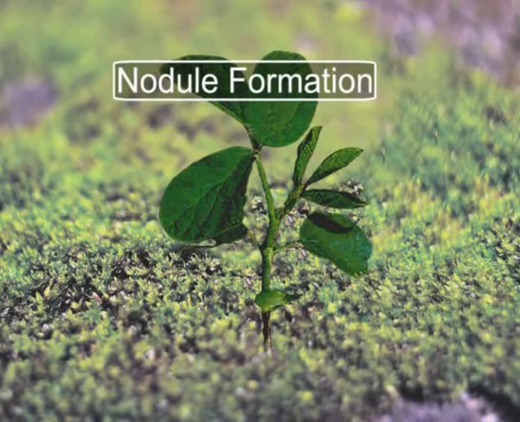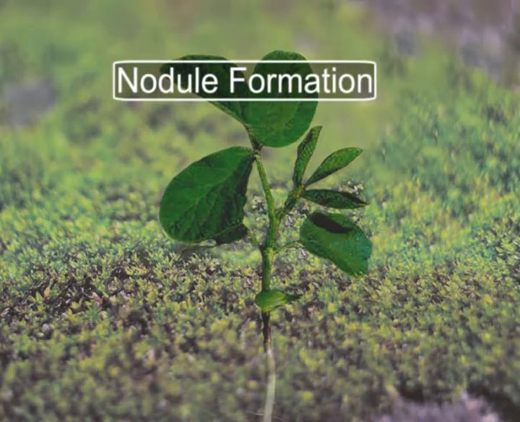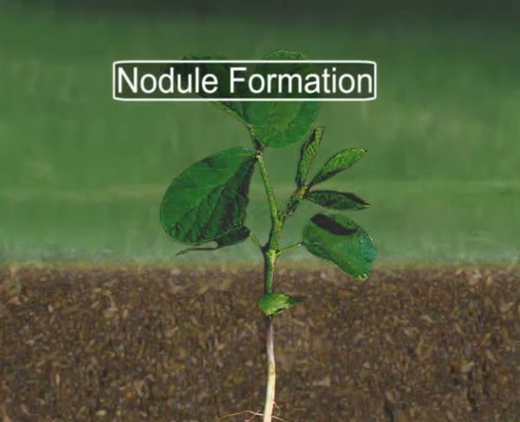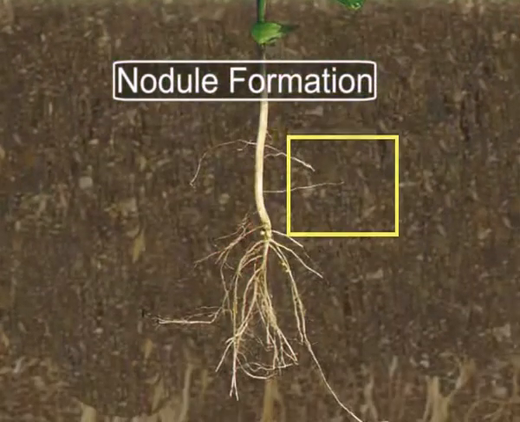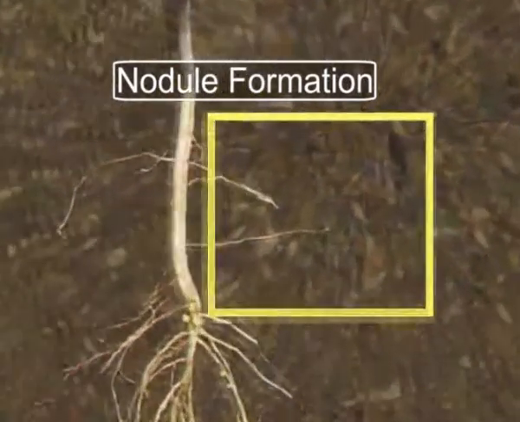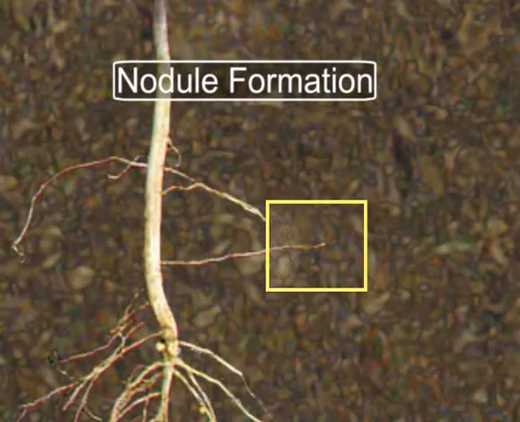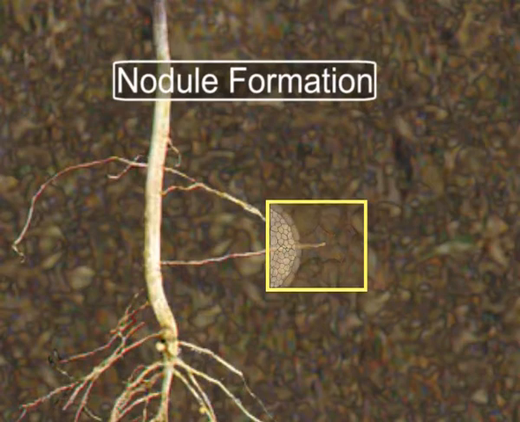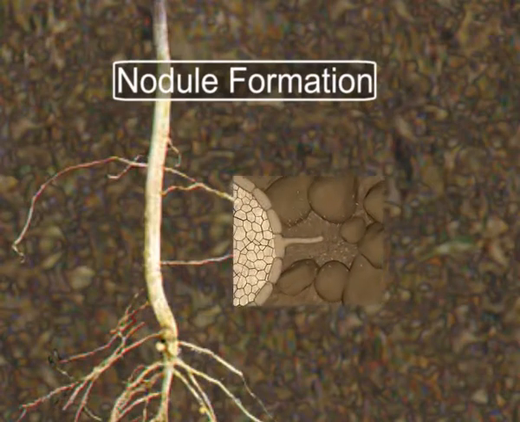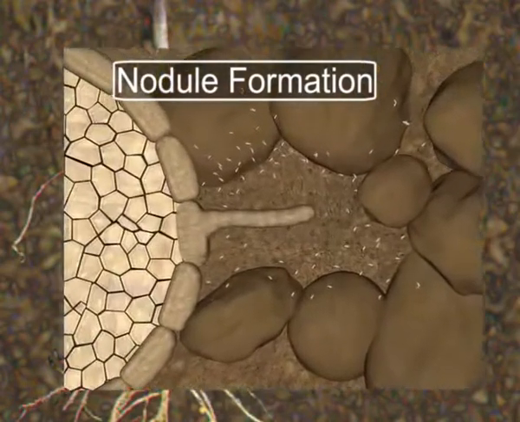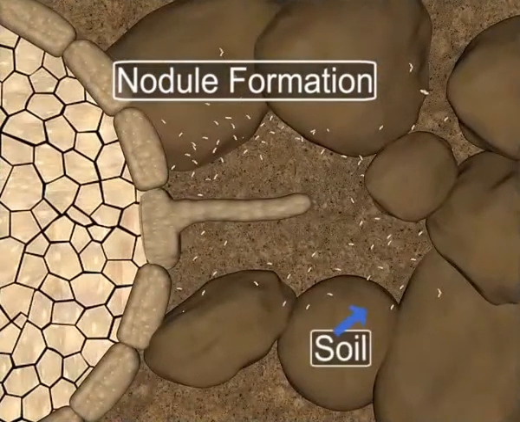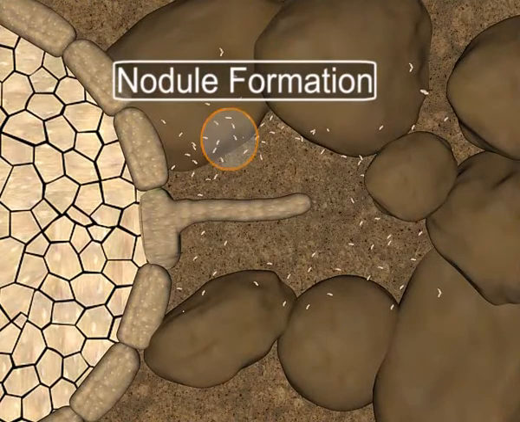The great majority of members of Leguminosae family, such as beans, gram, groundnut, and soybean, bear on their roots small nodule-like swellings. Bacteria belonging to the genera Rhizobium, referred to as Rhizobia, grow in the soil as free-living organisms.